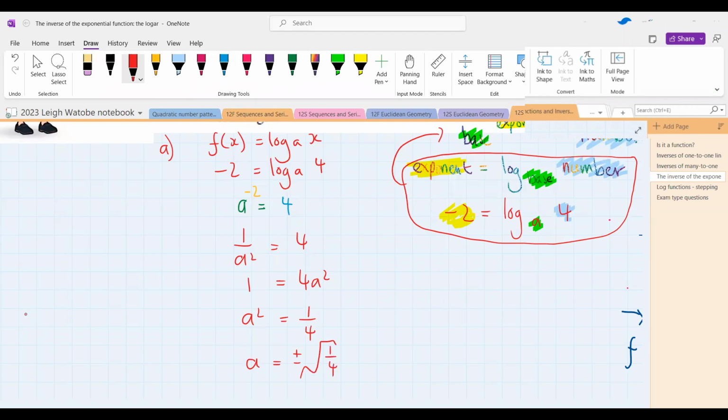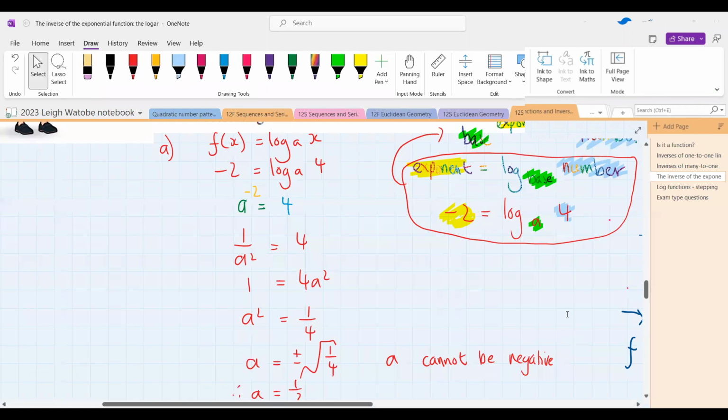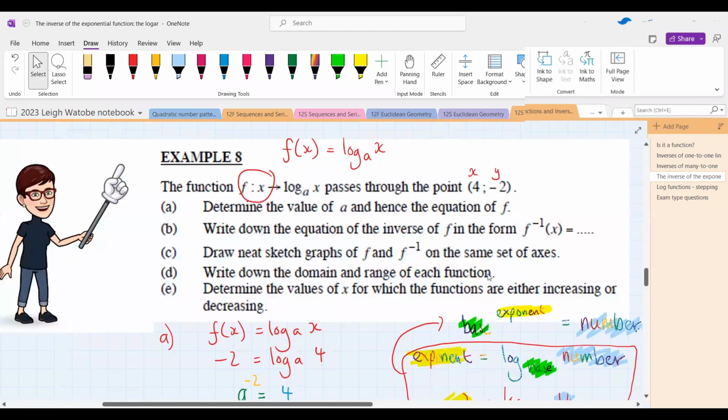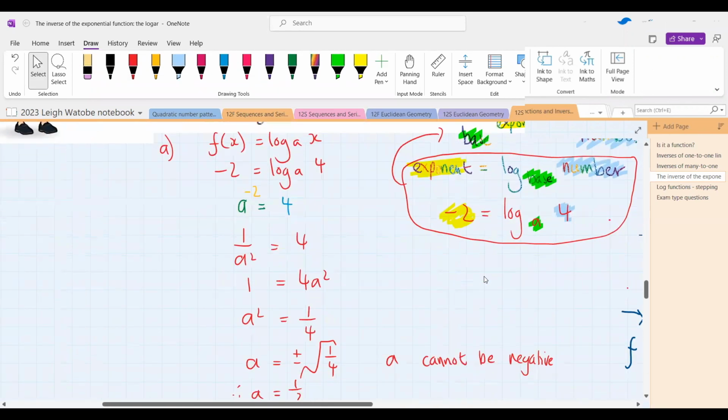But remember, a cannot be negative. So therefore a would be equal to 1 over 2. Sorry about that, sorted.